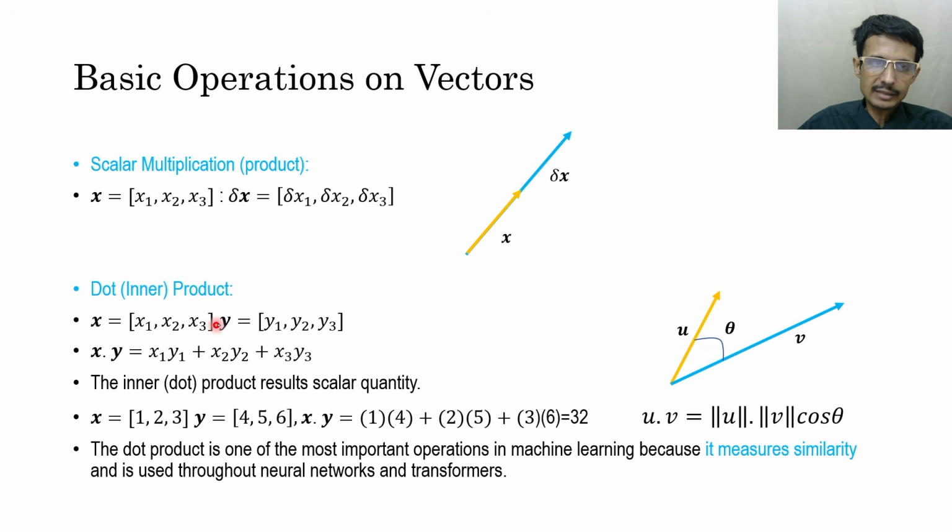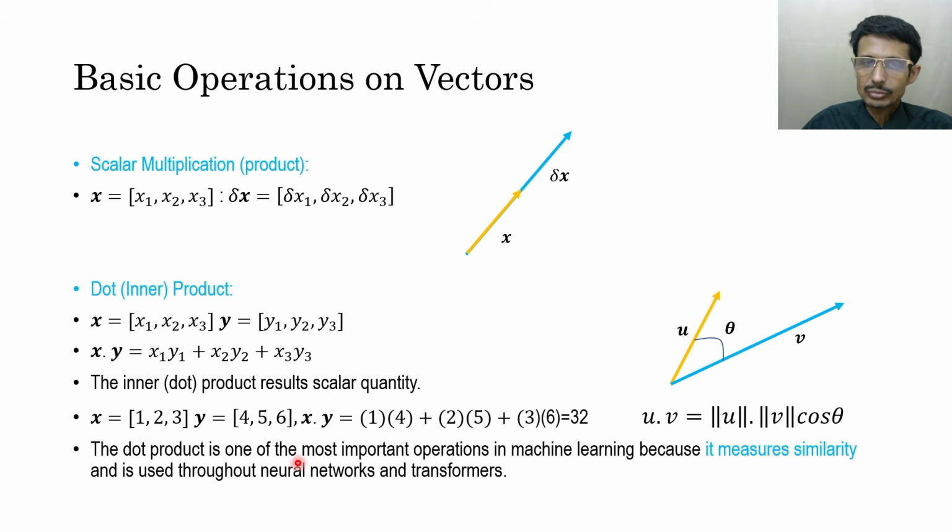Let's say there are two vectors x and y. x is a three-dimensional vector x1, x2, x3, and y is y1, y2, y3, and x dot y is basically x1 into y1 plus x2 into y2 plus x3 into y3. The inner product result is a scalar quantity, because when you add it up, it is a scalar. If x is 1, 2, 3 and y is 4, 5, 6, this is 1 into 4, 2 into 5, and 3 into 6, so basically it is 4 plus 10 plus 18. Geometrically, if this is the vector u, this is the vector v, and in between there is an angle theta, then u dot v is the norm of u times the magnitude of v times cos of theta.